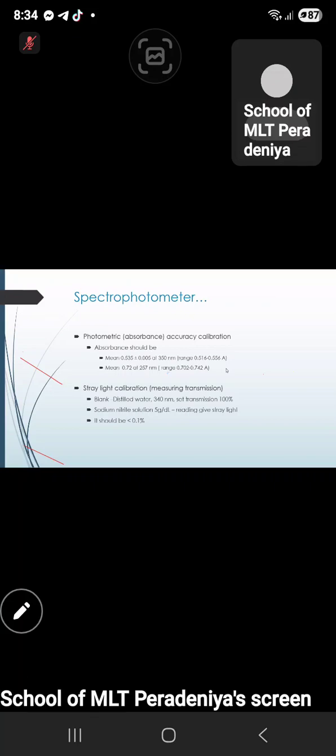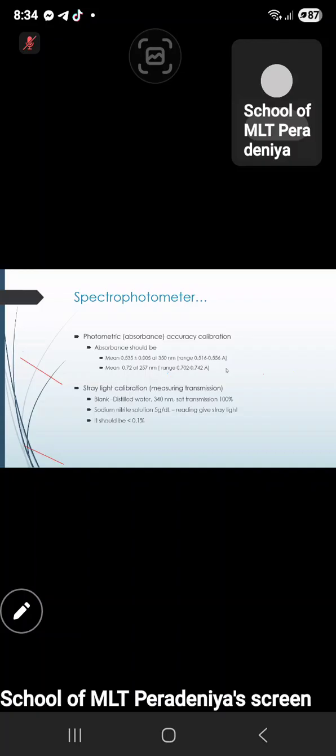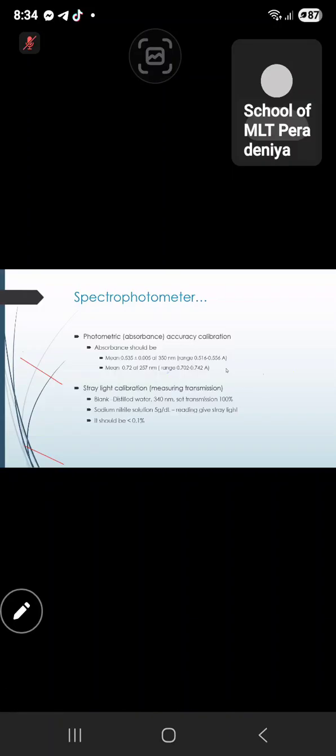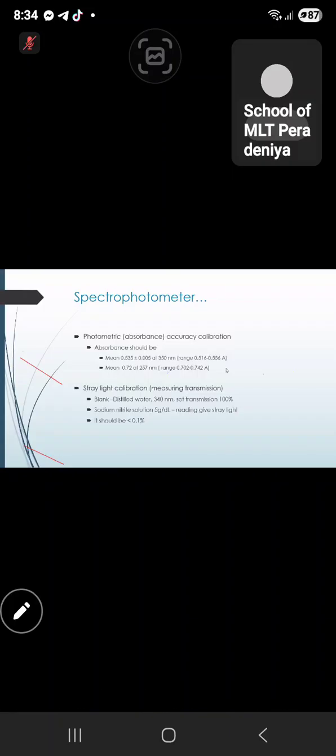If any other light, other than that from the monochromator, reaches the detector, we call it stray light. The light comes from the light source, goes through the monochromator, and that selected light touches the detector; that is what we expect. If any light comes from other sources, that is stray light. If the stray light is minimal, that is what we want.